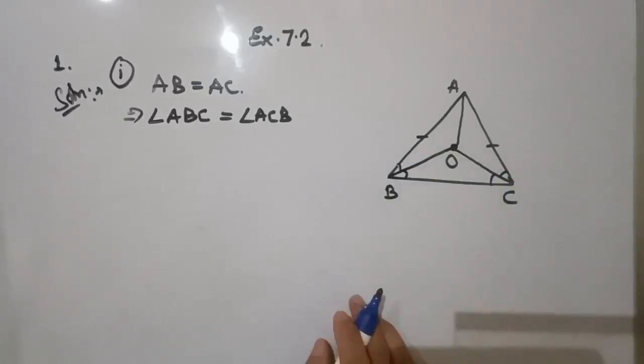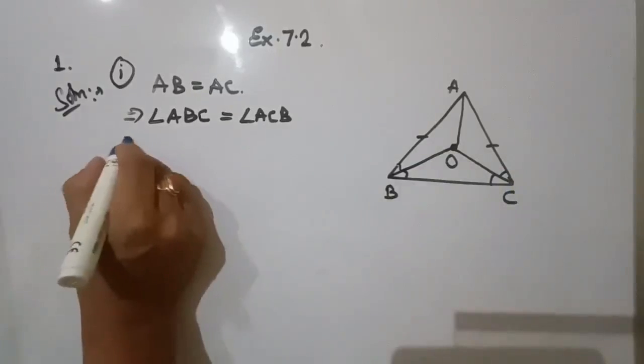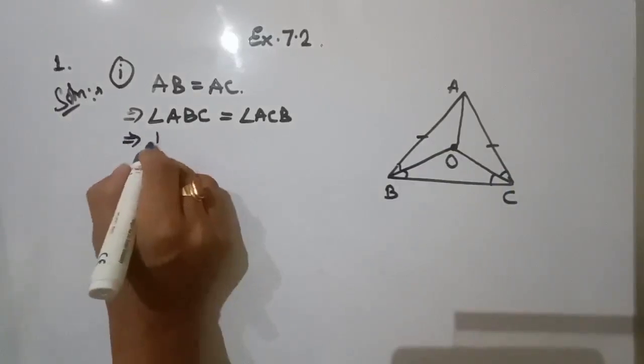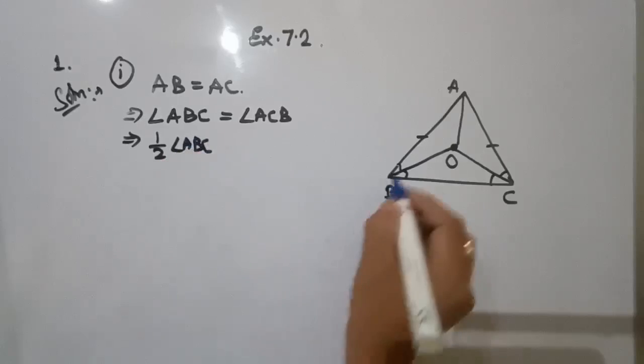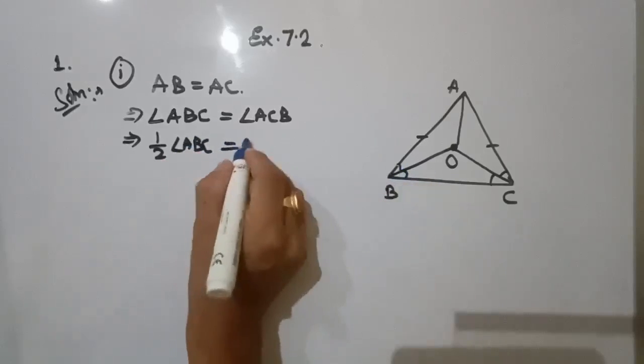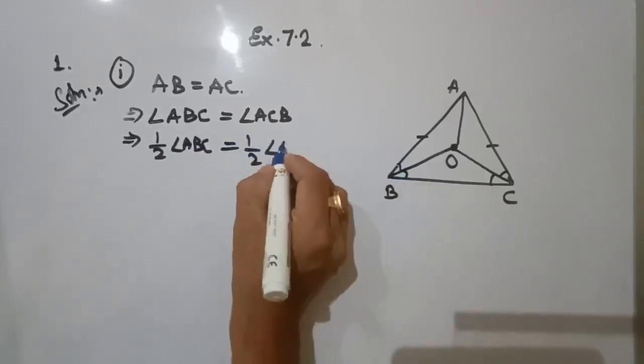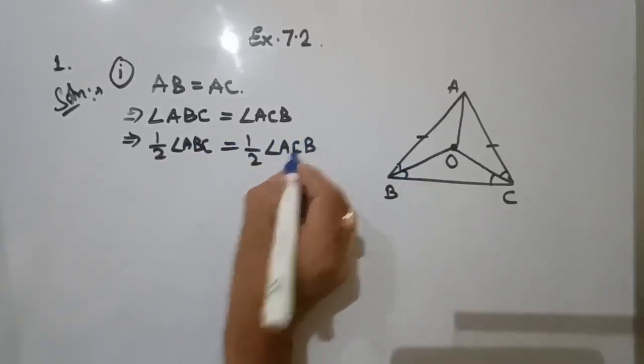are equal. Implies we multiply both sides by half. Half of angle ABC is equal to half of angle ACB.